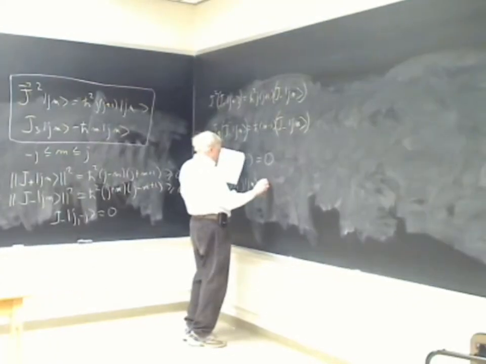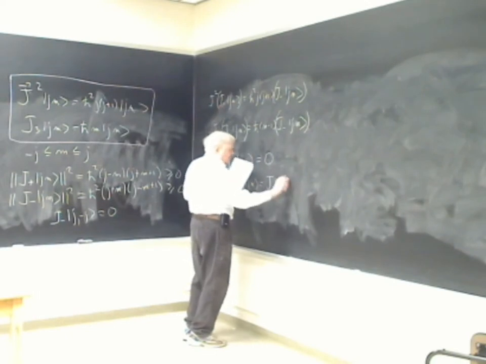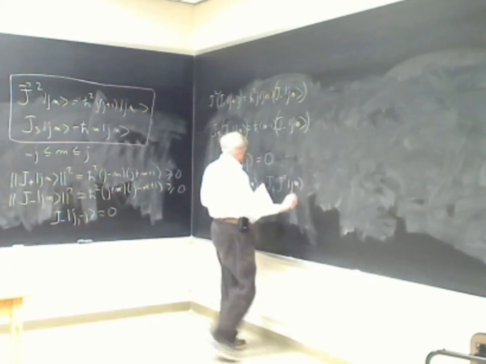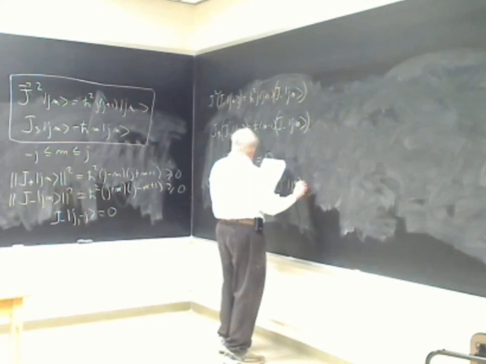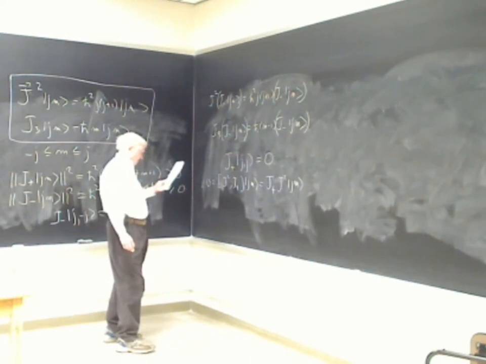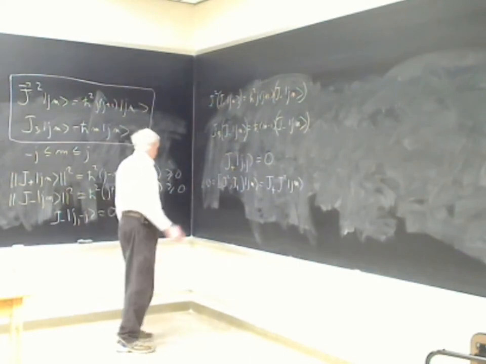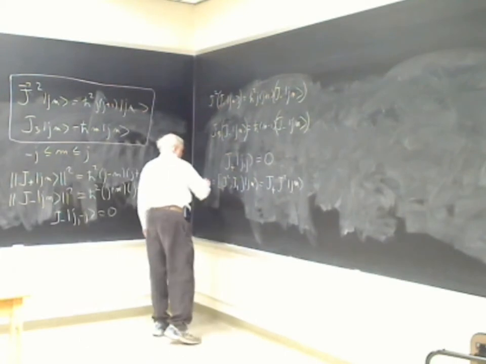And then this gives us J plus J squared Jm. What am I doing here? I somehow skipped something. This is certainly 0.